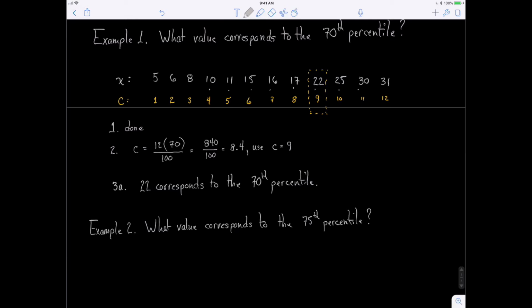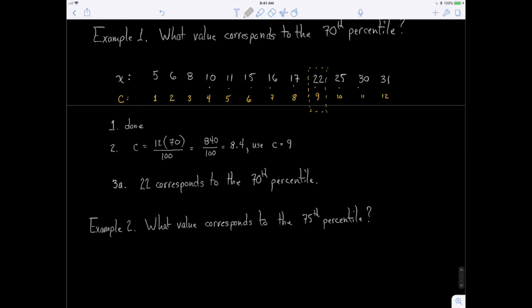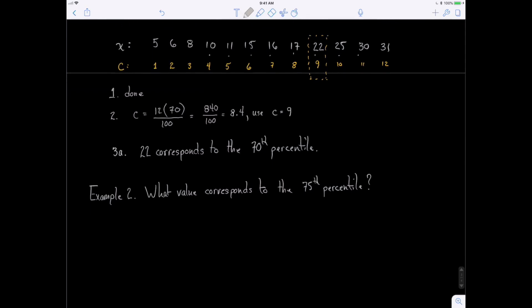We already know the answer because the 75th percentile is also Q3, but let's see if this process works like we would expect. We'll check our answer in a moment, but let's just proceed.